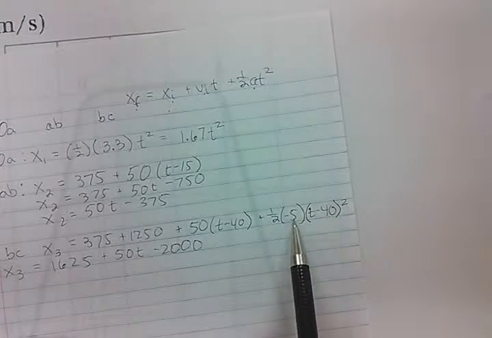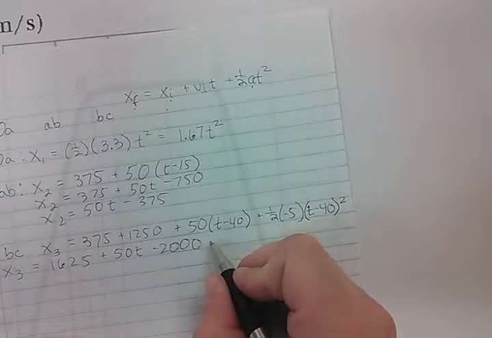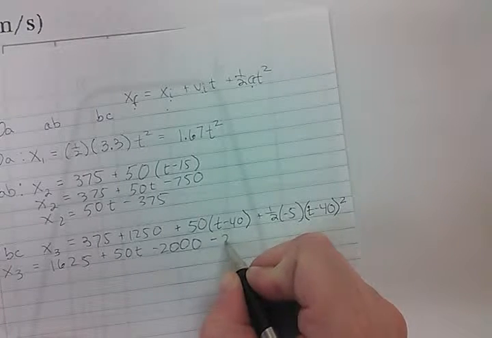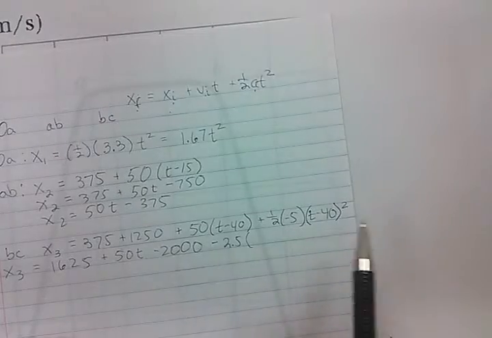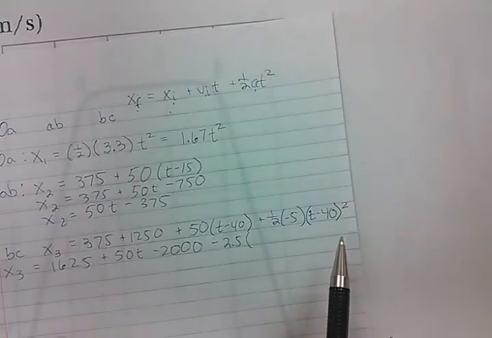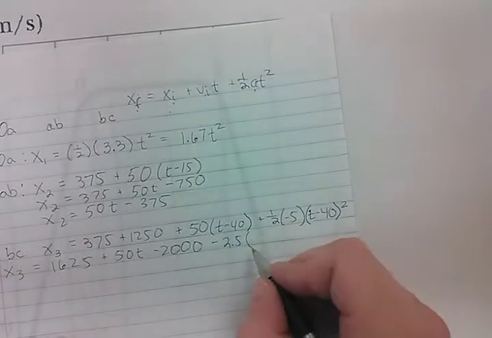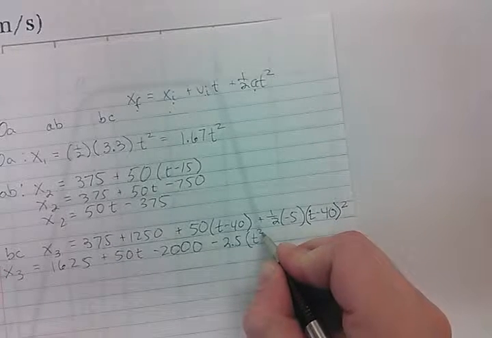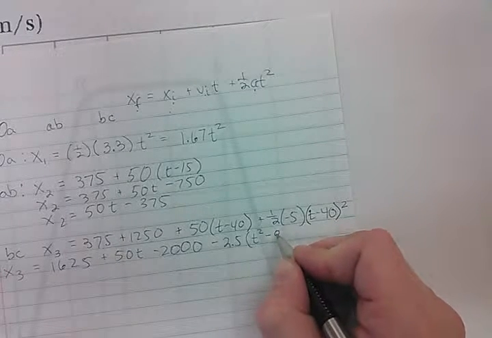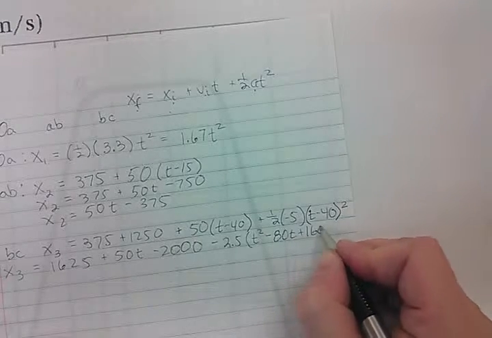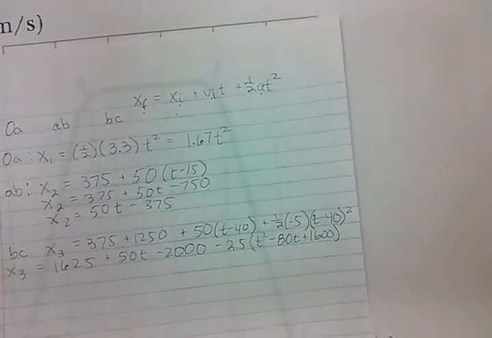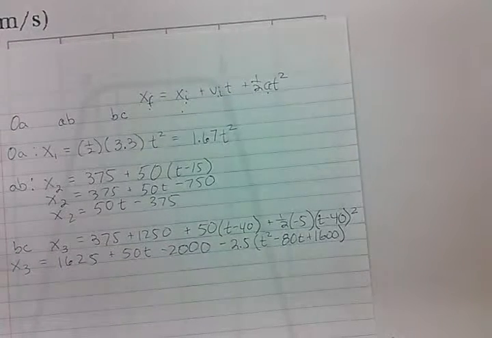And then I'm just going to divide the negative 5 by 2. And then I'm going to FOIL this out. And I can pretty much do that in your head. So you'll end up with t squared minus 80t plus 1,600.